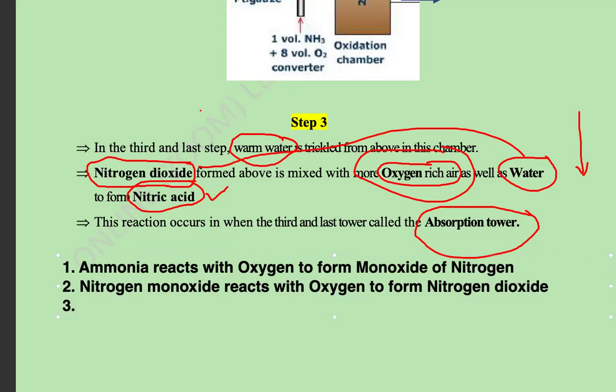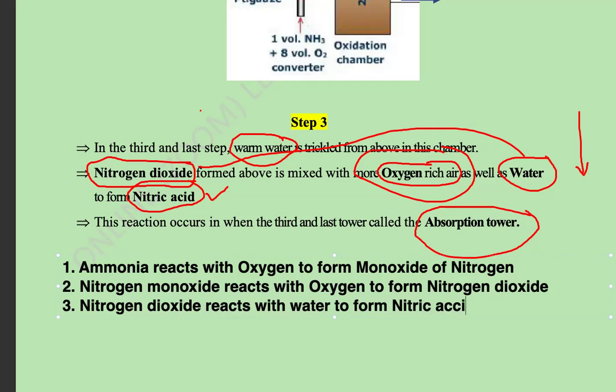Third and last one: the nitrogen dioxide in the presence of air reacts with trickled water to form nitric acid. Very simple. So the first reaction happens in the catalytic chamber.